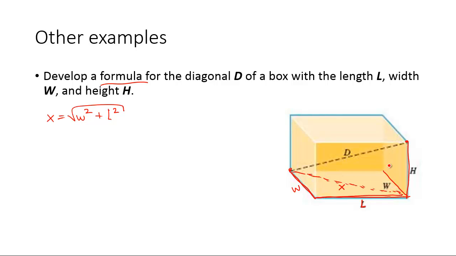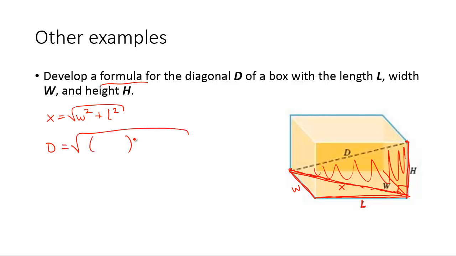So that's what x is. And now if we take that x and use it in this upright triangle, you would see that you would be taking, to find D, you'd be taking the square root of whatever x was squared plus what h is squared.